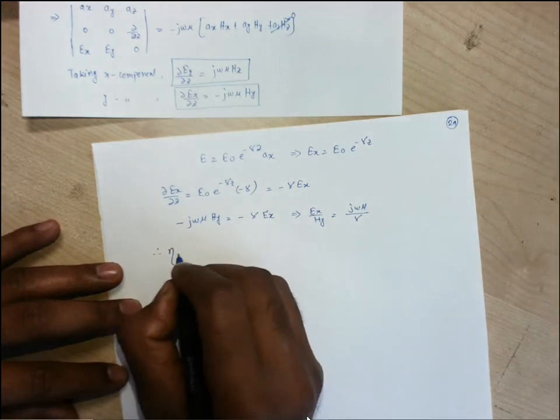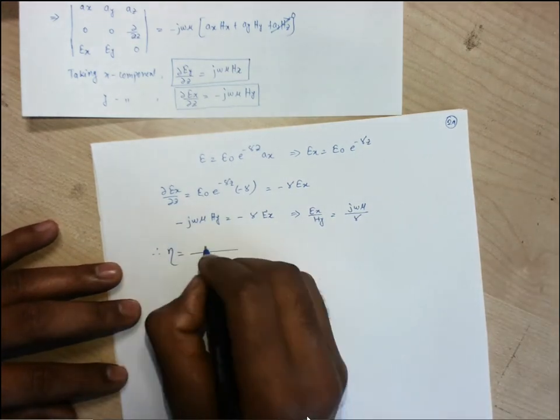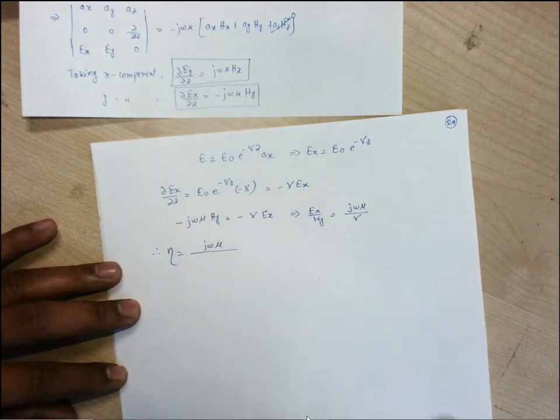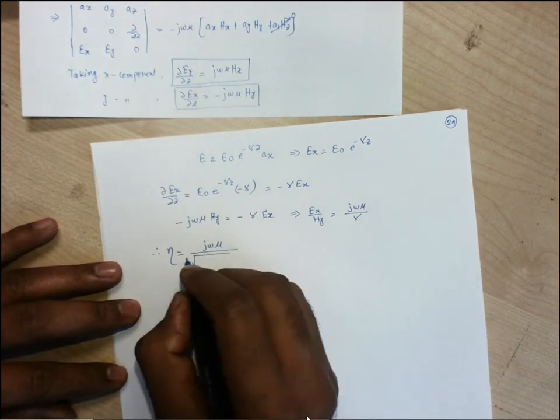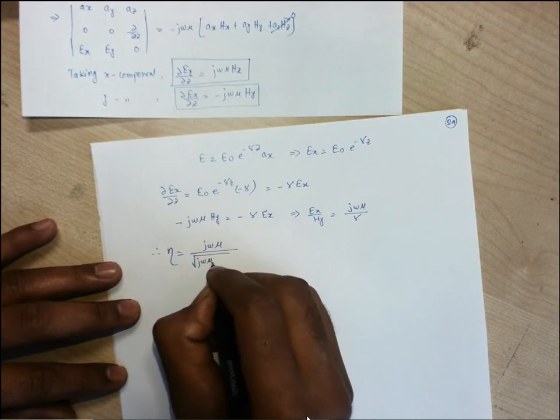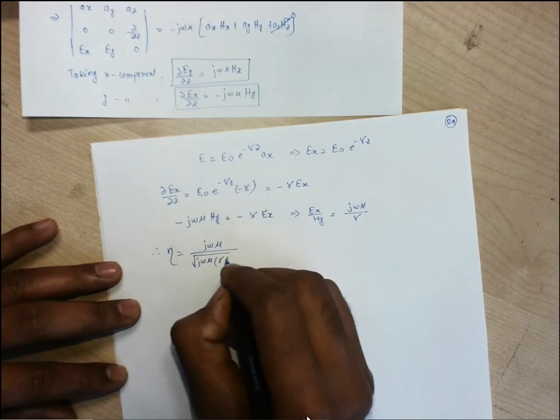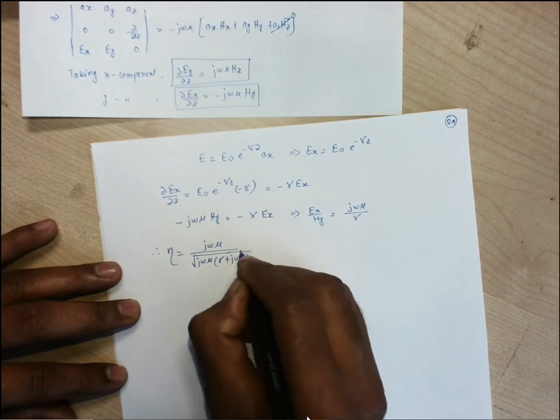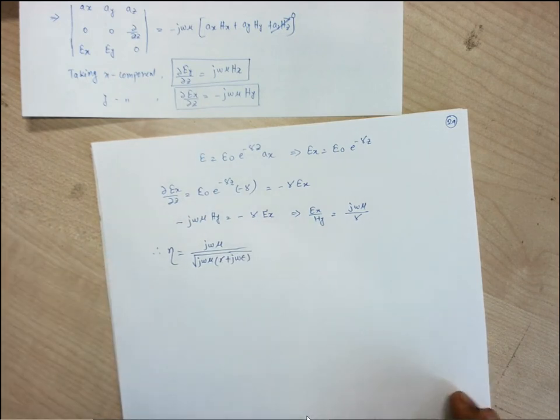Therefore what we can write? Eta is J omega mu by gamma. What is the value of gamma? Gamma is root over J omega mu sigma plus J omega epsilon, the propagation constant.